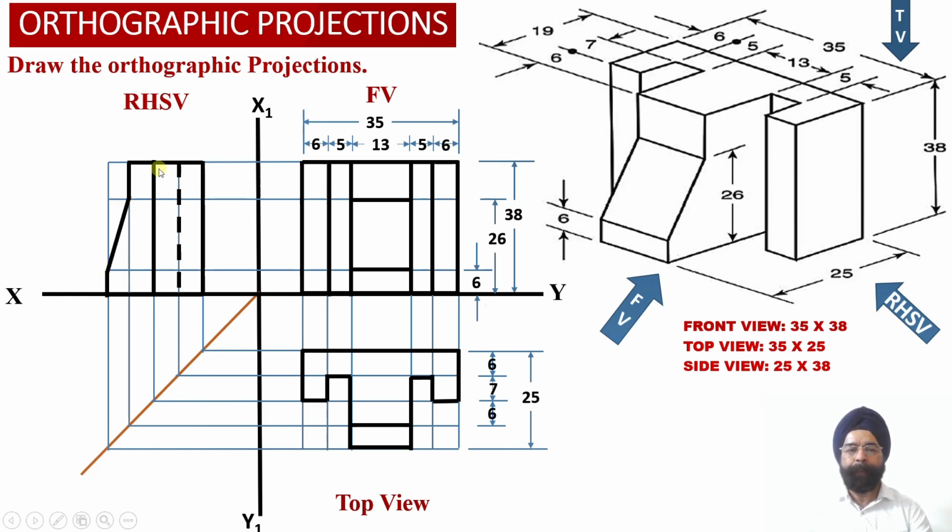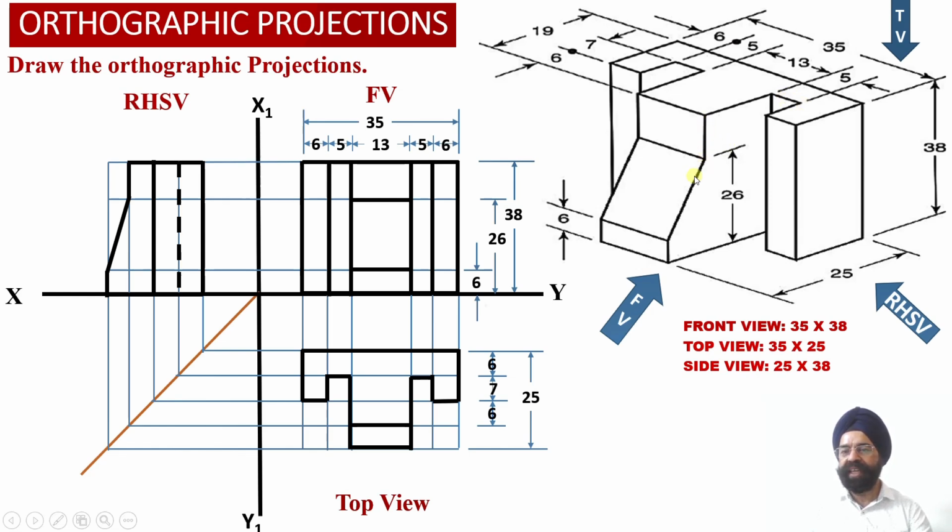But this surface will not be visible to the observer. That is why we have marked a dotted line projection into the right hand side view corresponding to this vertical surface which is not visible to the observer.